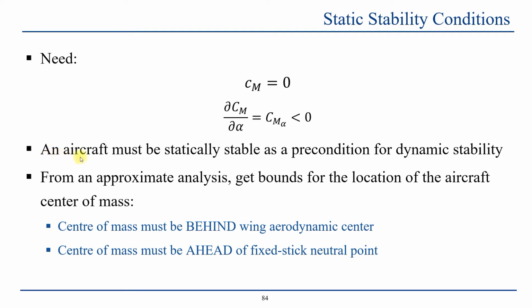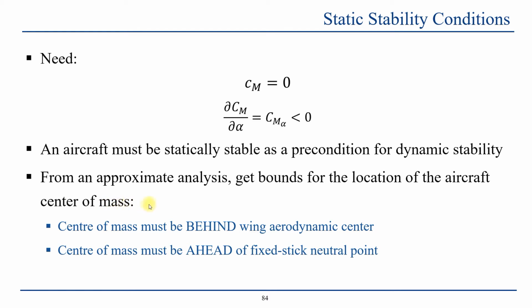Some other things to note is that an aircraft must be statically stable as a precondition for dynamic stability. So your aircraft can be statically stable without being dynamically stable, but it cannot be dynamically stable without being statically stable first.